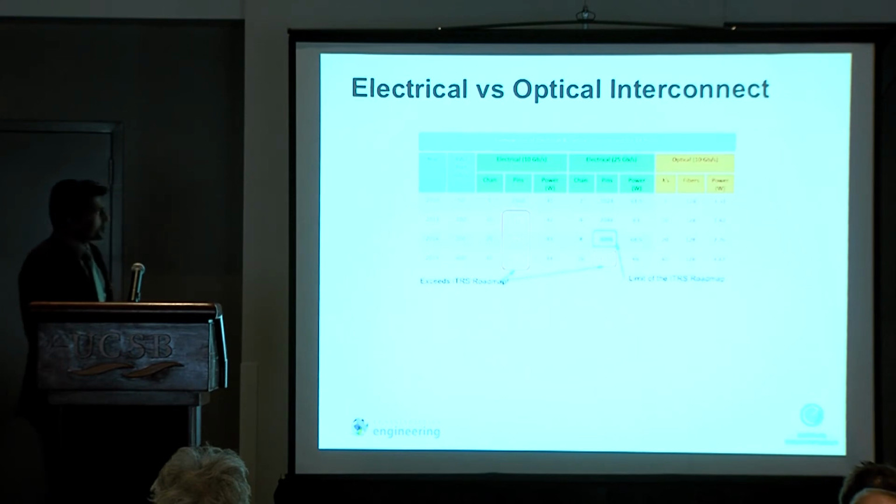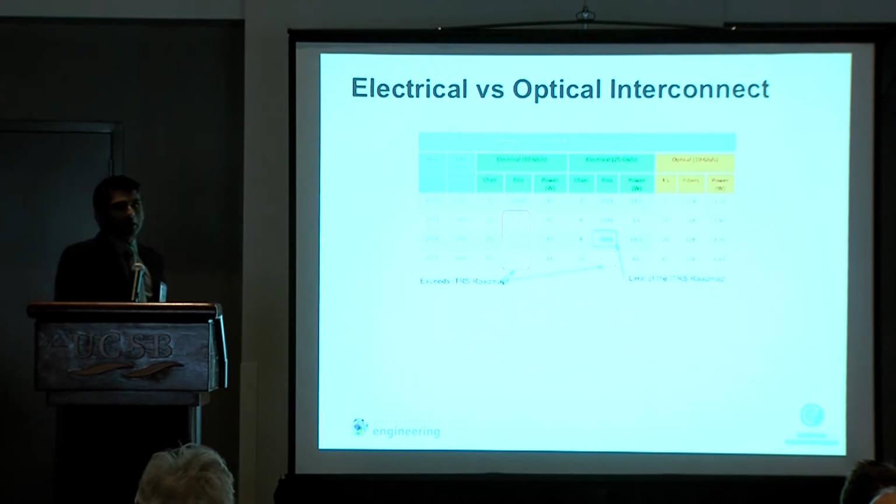There is another issue, which is how you take the data off the chip. If you look at the ITRS roadmap, which is the semiconductor roadmap used by industry for projections, the limit is 4096 pins. If you look at the bandwidth per port, if you want 200 gigabytes per second, you need about 4096 pins, provided you have 25 gigabit links. If you have only 10 gigabit links, you would need 10,000 pins, which is completely impractical.